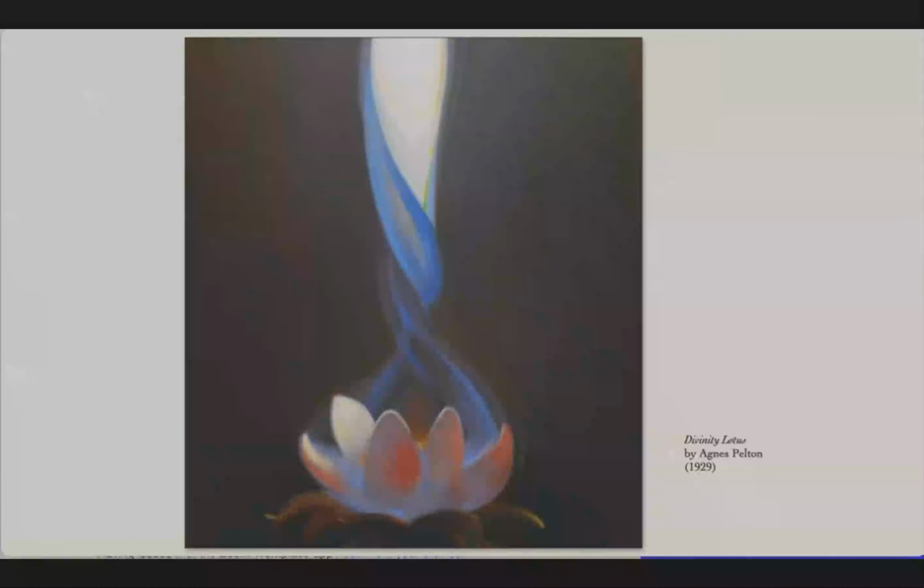A temple dancer, and we've had one in this conference, may need to integrate all three, right?